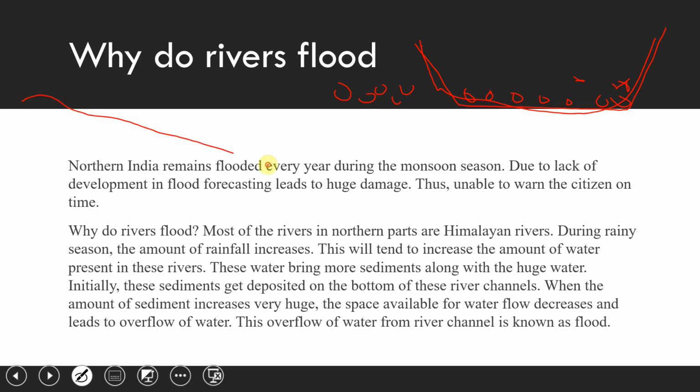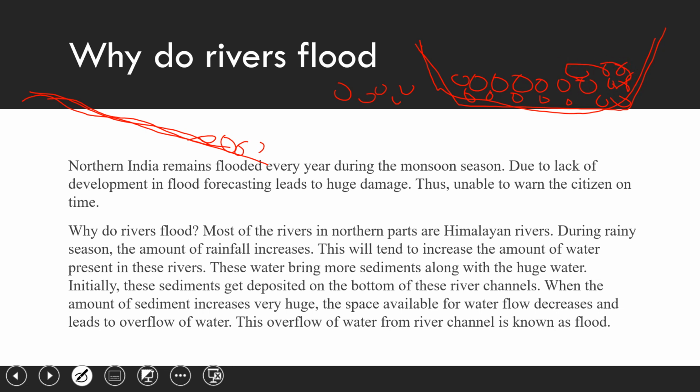So if the water level increases, or the rainfall increases, or if the ice melts too much due to summer or the heating of the Himalayas, then the speed of the water will increase, the water flow will increase, and ultimately it will erode too much land. The erosion of the land will increase, and the settling of sediment on the river bed will also increase.